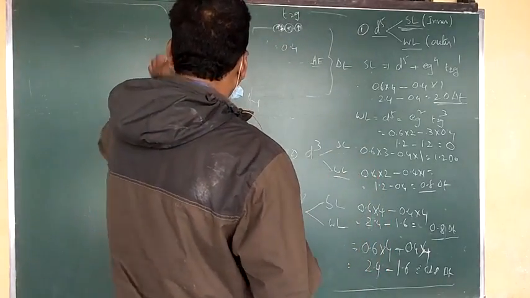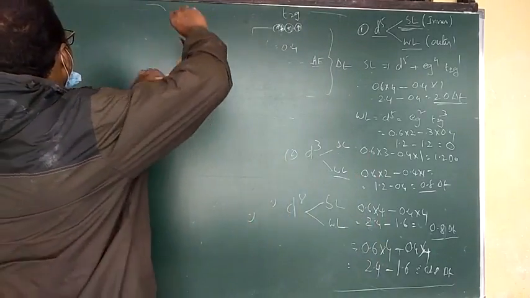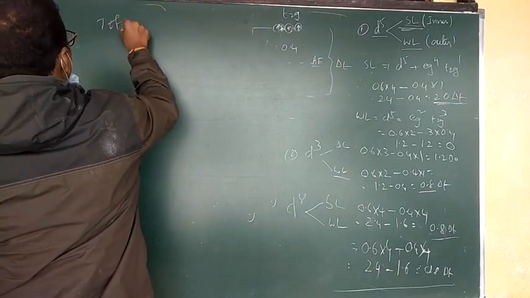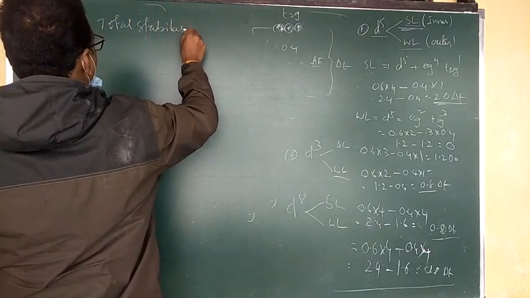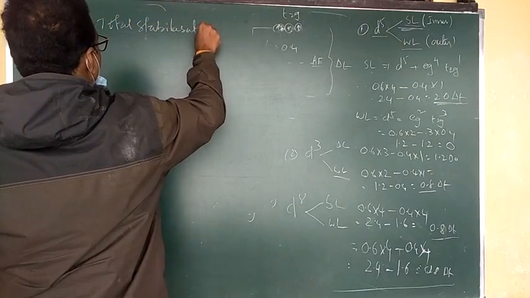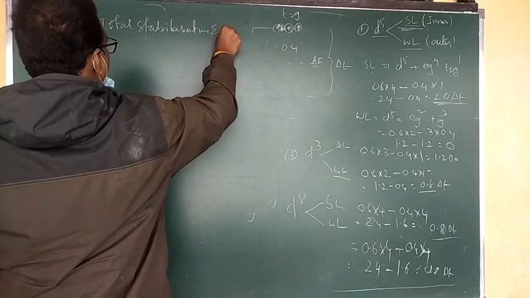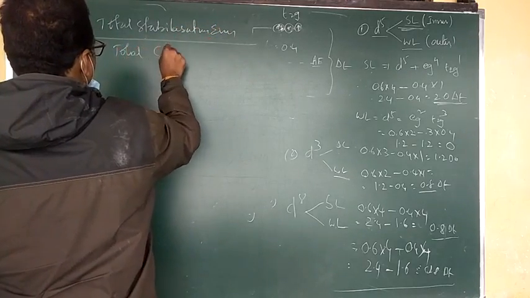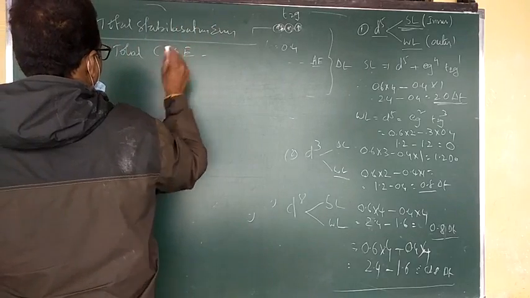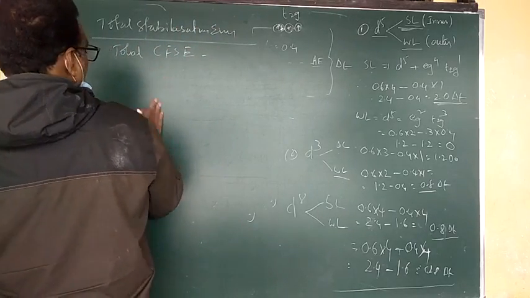After that, total stabilization energy, one question is given. Total stabilization energy is equal to the total crystal field splitting energy. Now what is the formula?